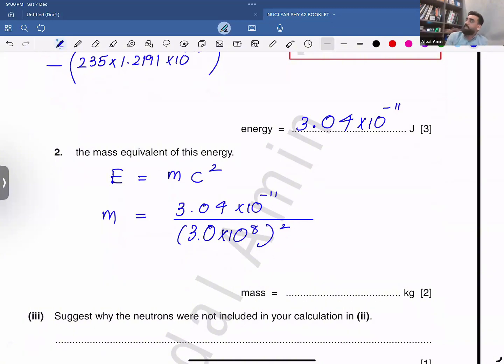Because I know up is negative 11. The down is negative 16. So 11 and 16, 27. So it's something times 10 power negative 27 or negative 28. 28. Told you. What's the answer? 3.37 multiplied into the power minus.